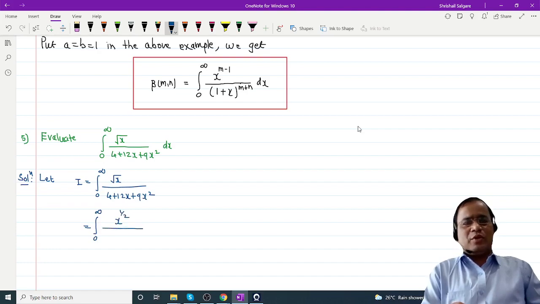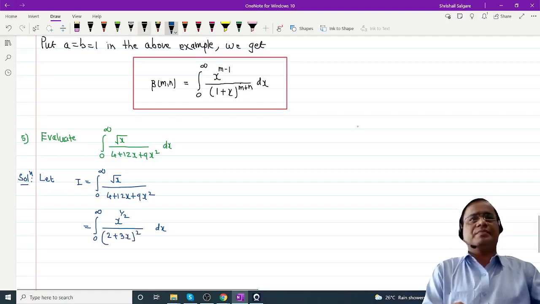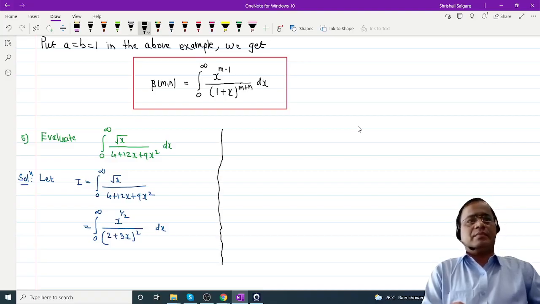Can you tell orally the factors? Now check it. I will give 1 or 2 minutes.